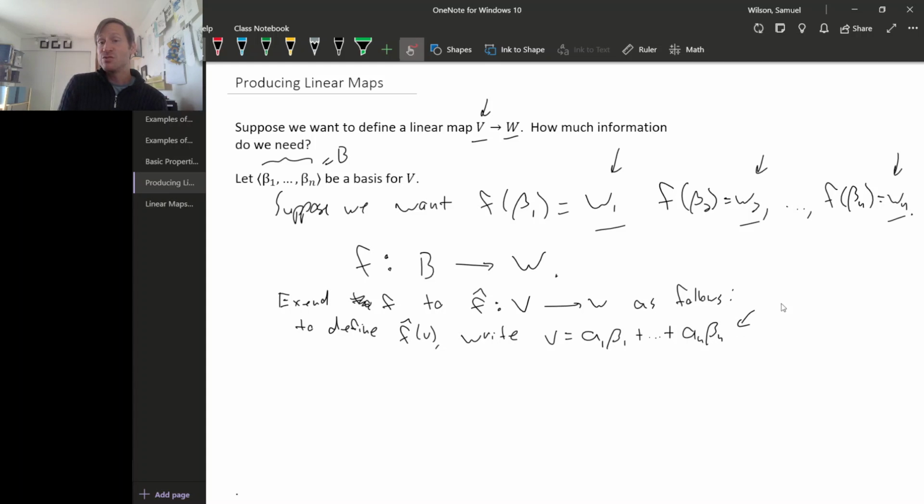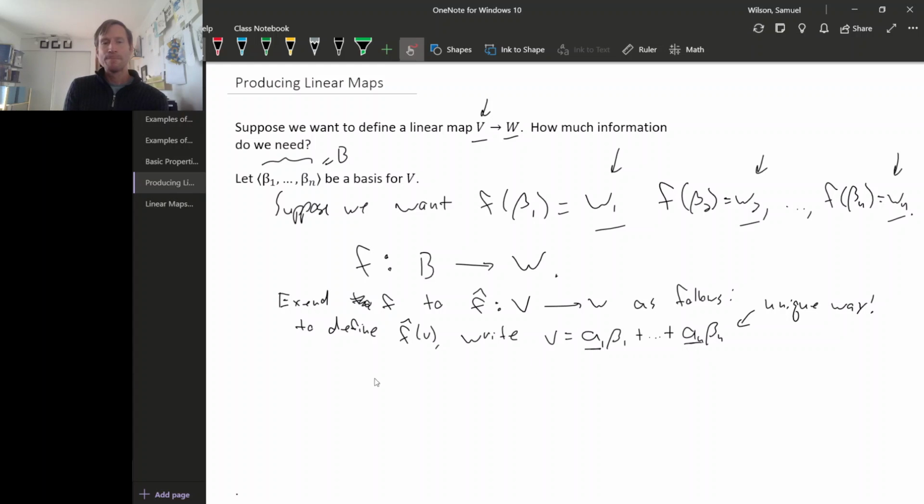And there's a unique way to do this. This is important because we're going to use these coefficients to define f hat. If there were more than one way to write v as a linear combination of the betas, there would be no consistent way to define which coefficients you use to define f hat. But since we have a basis, these coefficients are unique.